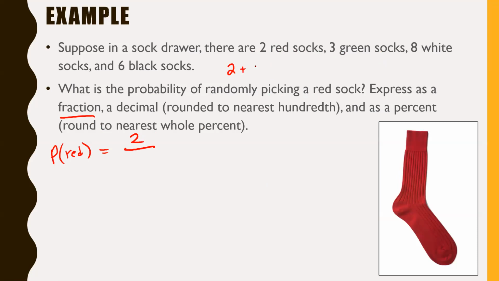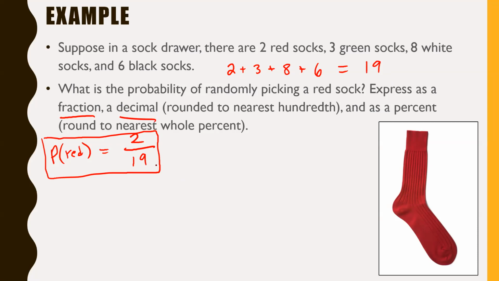So we're going to have 2 plus 3 plus 8 plus 6. Well, 2 plus 3 is 5, 5 plus 8 is 13, 13 plus 6 is 19, so 19 total possible outcomes. So 2 over 19. That right there is one of your answers. Your probability of picking a red sock is 2 out of 19. 2 out of 19 is your probability expressed as a fraction.